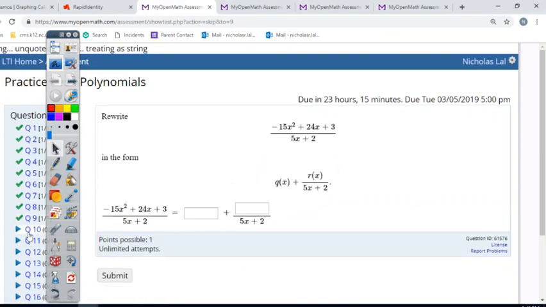Question 10. Rewrite negative 15x squared plus 24x plus 3 over 5x plus 2 in the form q of x plus r of x over 5x plus 2. So once again, we need to use polynomial long division, find our quotient, and find our remainder.